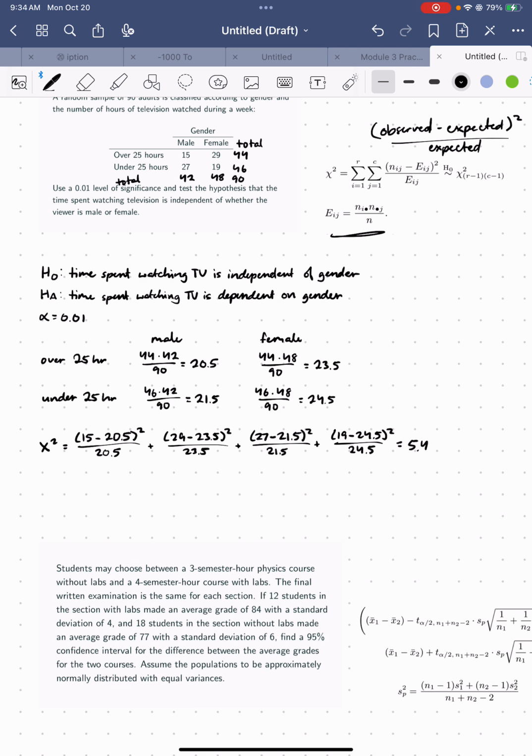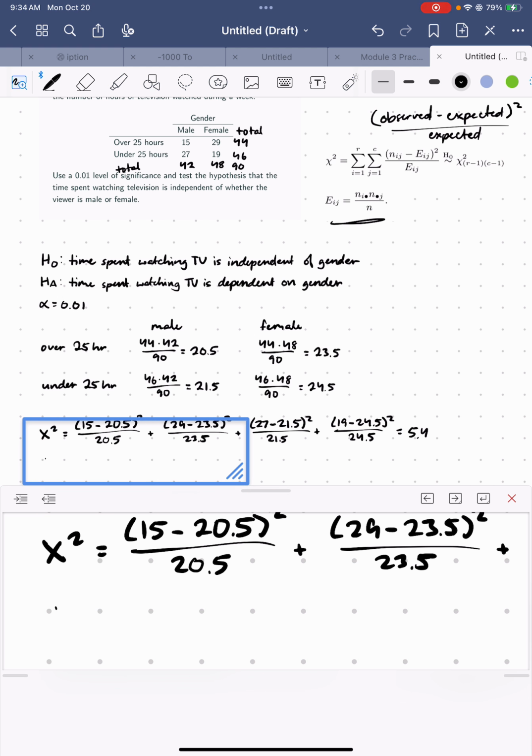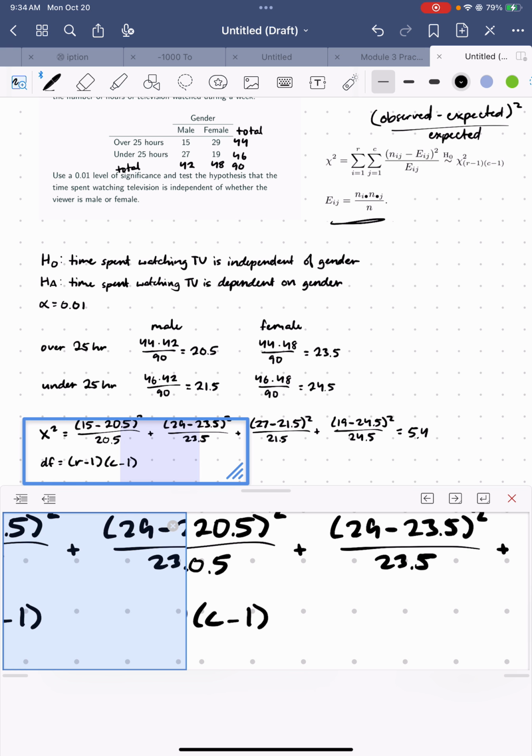And now that we have our chi-square value, to use the table, we need to first find our degrees of freedom. So our degrees of freedom formula, if you recall, is our row count minus 1 times our column count minus 1.